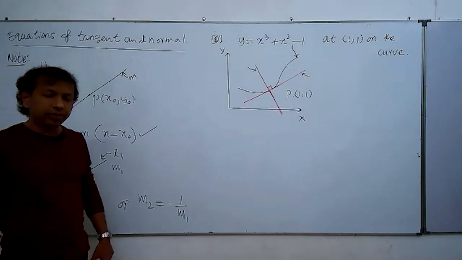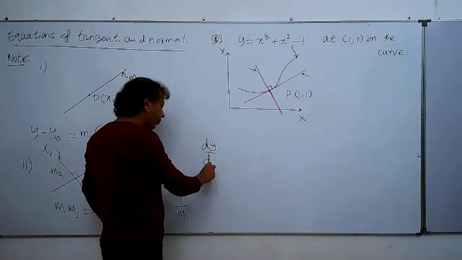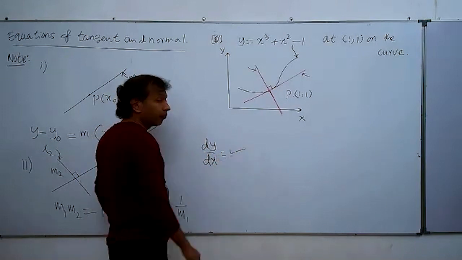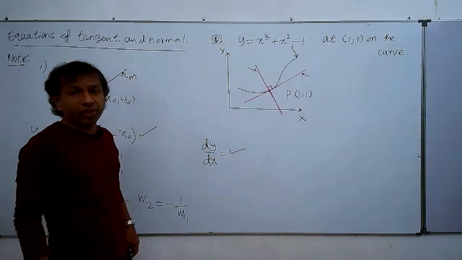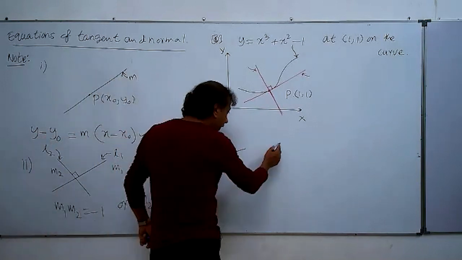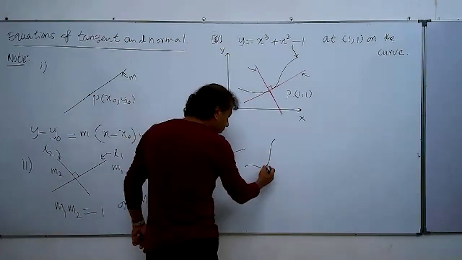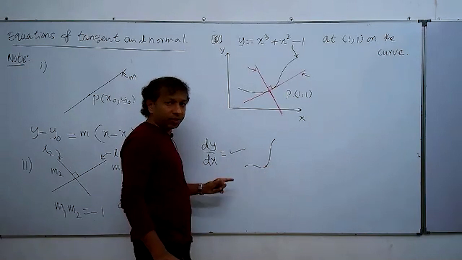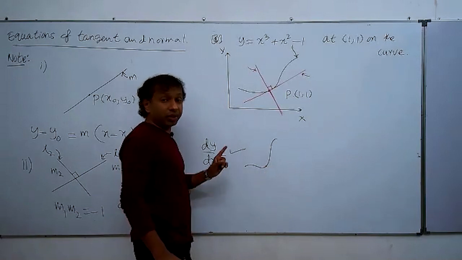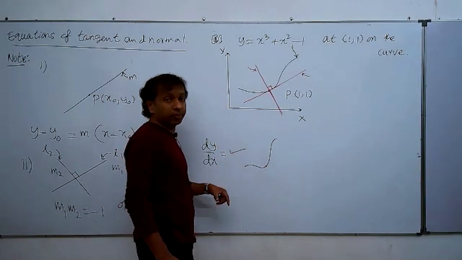Can you remember what we said? By dy by dx, we get the gradient, no? And furthermore, what did we say, people? The gradient of a given curve at a given point on the curve is equal to the gradient of the tangent drawn to that curve at that point.